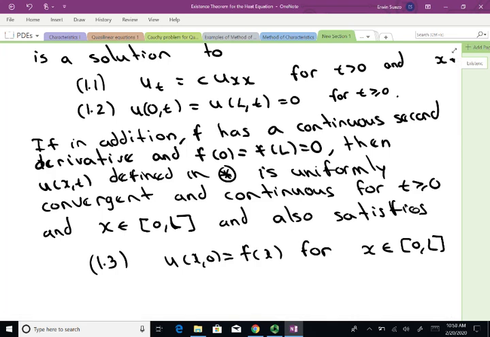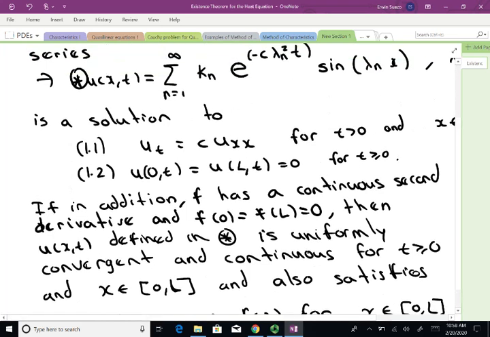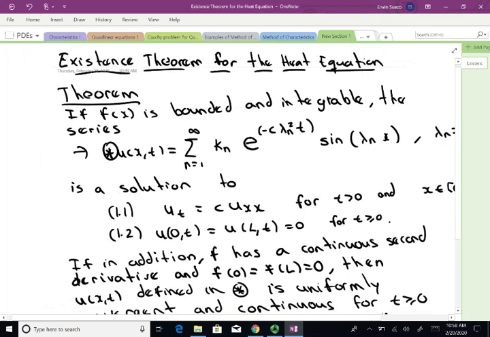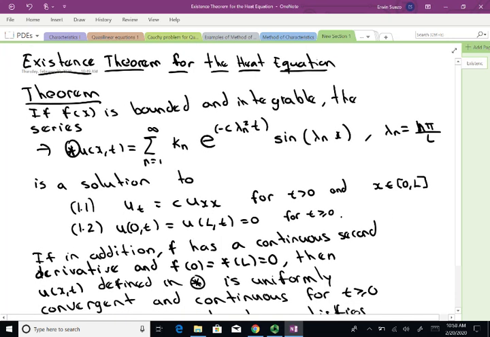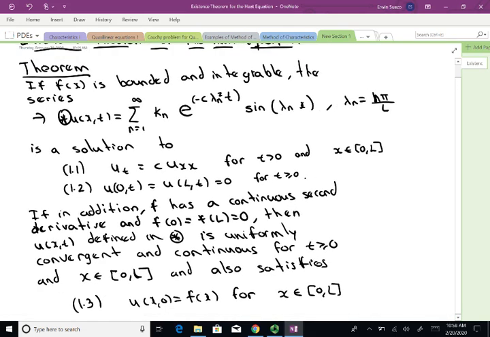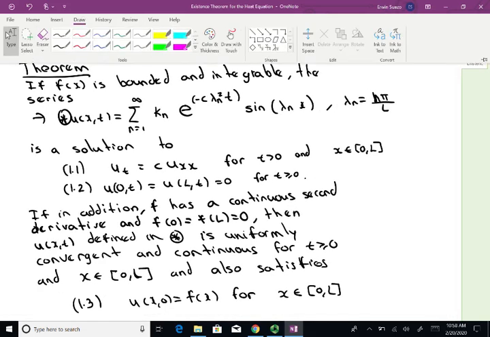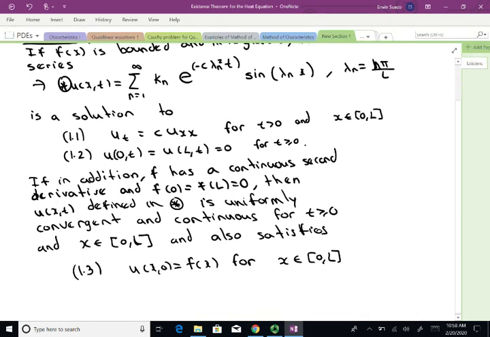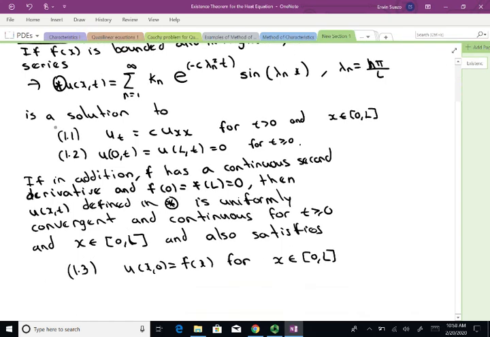So let's see what is important here. A couple of comments on this. Let's go back to what we had done. First of all, we are solving the heat equation with these three conditions, right?